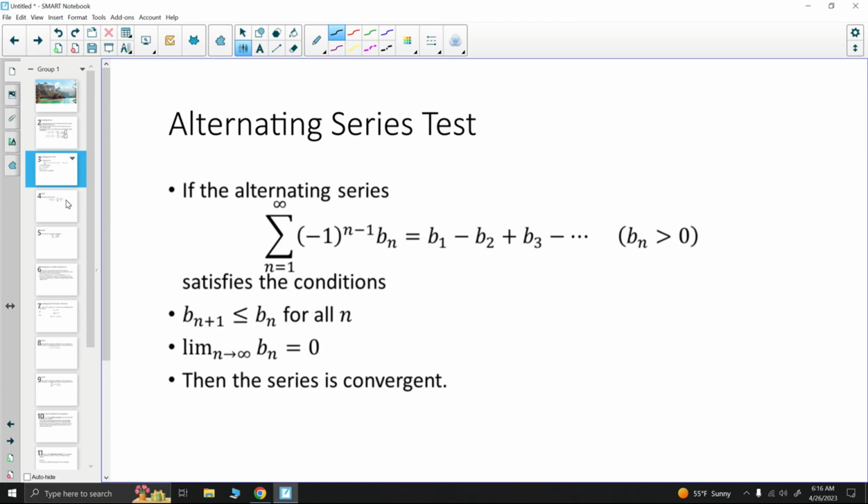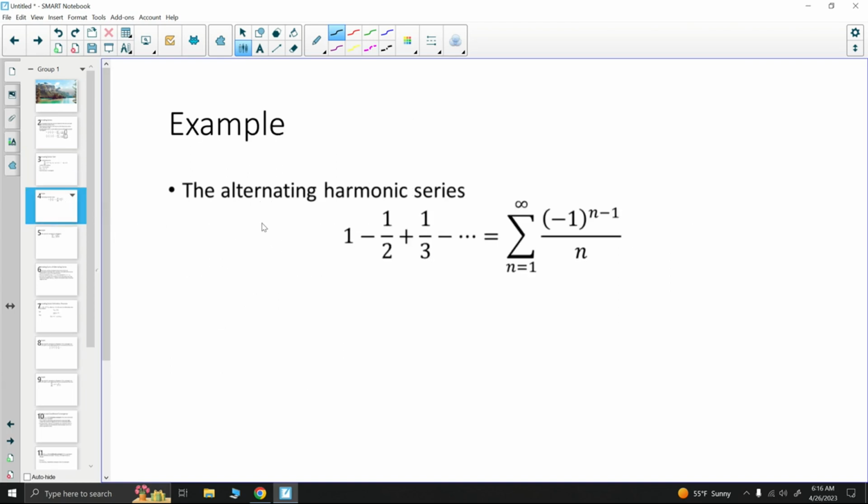All right, so let's see this in action. First of all, we have what we call the alternating harmonic series. We know that the harmonic series is a p series, 1 over n. The harmonic series, 1 over n, diverges because this is n to the 1, and any p series where the power is less than or equal to 1 is going to diverge.